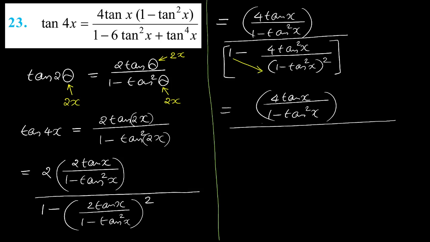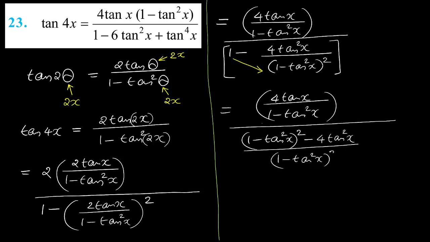So 1 into this will be 1 minus tan square whole square minus 4 tan square, all divided by 1 minus tan square all square. You must be careful. There is a lot of simplification involved in the question. Is that okay?